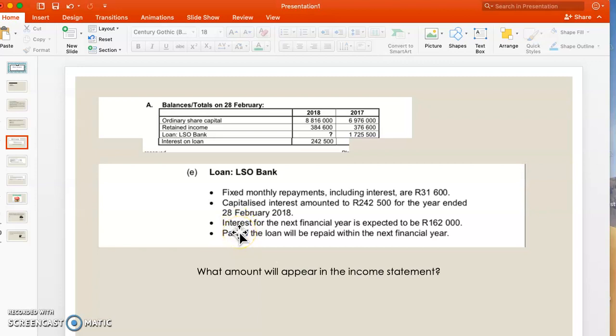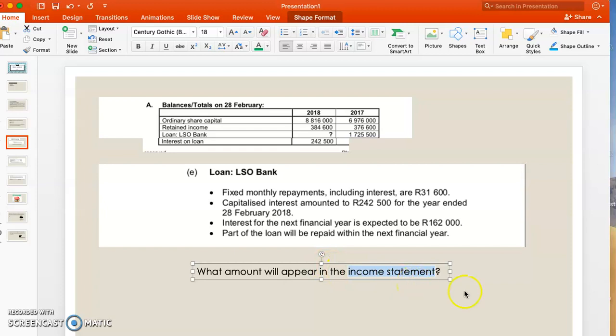They do not go into your income statement. If you only need an income statement, but they still give you this information, they are doing it to confuse you. Part of the loan being repaid is called the current portion of the loan, and we will discuss balance sheets next week. We just want to know what amount will appear in the income statement.